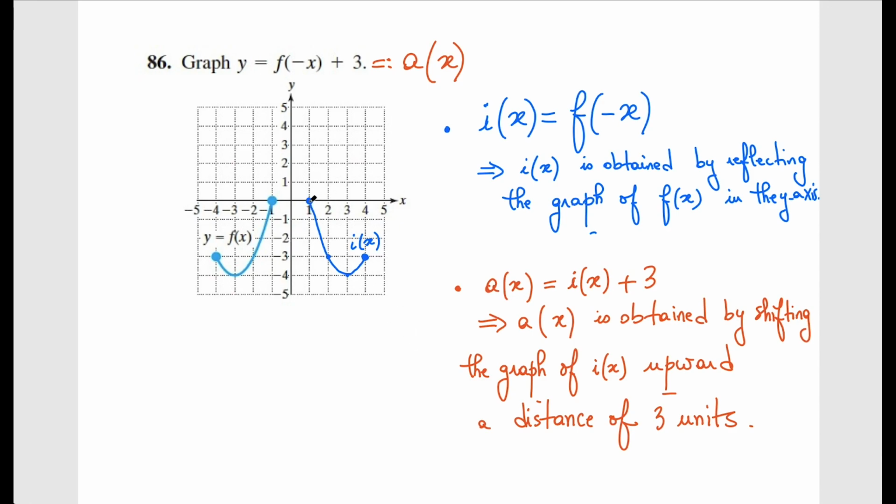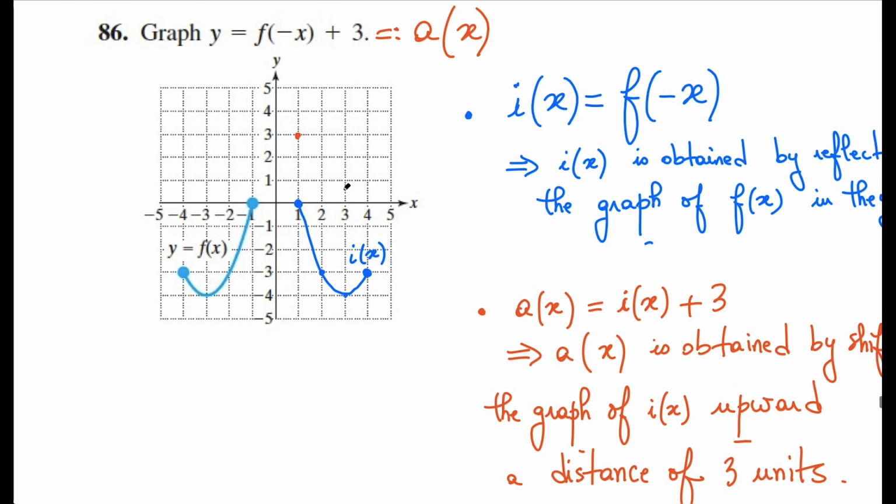So this point, which used to be 1, 0, is now going to be 1, 3. So it's going to be here. Okay, let's zoom back in. And this point, which used to be 2, -3, is going to be 2, 0, shifting everything up by 3 units. This point, which used to be 3, -4, is now going to be 3, -1. And this point, which used to be 4, -3, is going to be 4, 0 now.